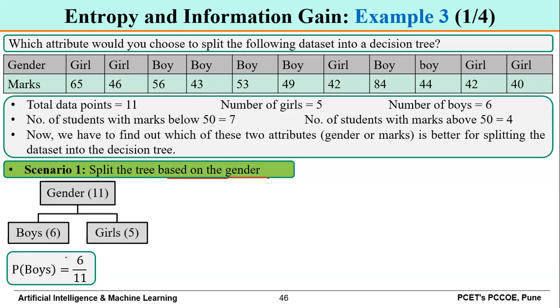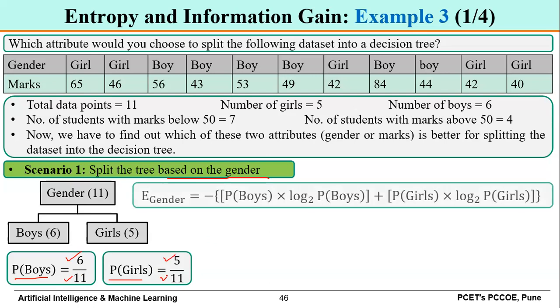As there are 6 boys and a total of 11 data points, the probability of boys is 6 by 11. Probability of girls is equal to 5 divided by 11, that is 5 girls divided by total data points. Then the entropy for gender, because we considered the top node as gender, is minus into bracket probability of boys multiplied by log to the base 2 probability of boys, and a similar equation for girls as well.